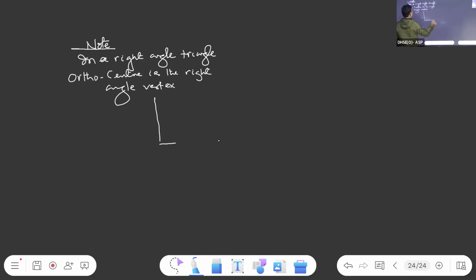So ABC is a right angle triangle, right angle at B. So B is the orthocenter.